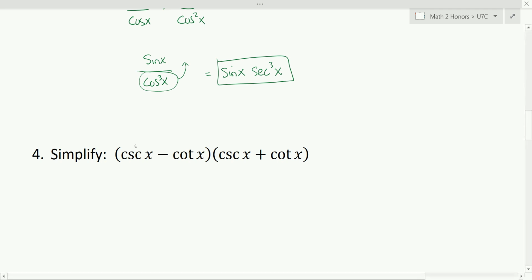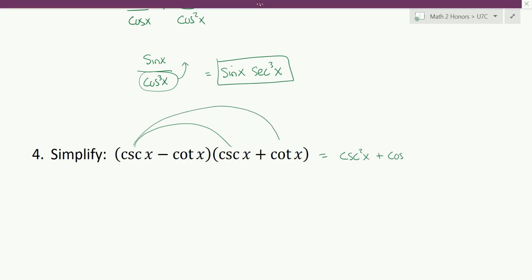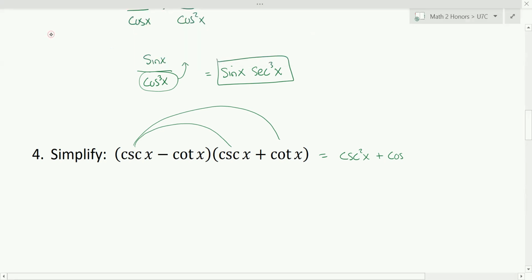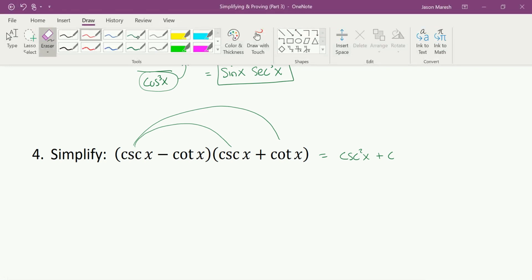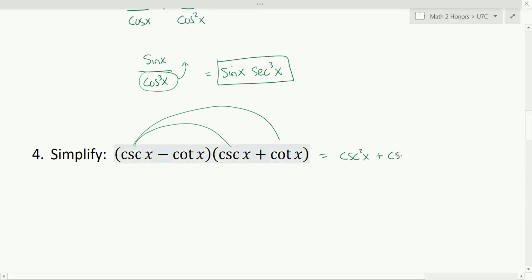So cosecant times cosecant is cosecant squared. Cosecant times cotangent is cosecant, oops, not cosine. Let me fix that. Cosecant x times cotangent x.